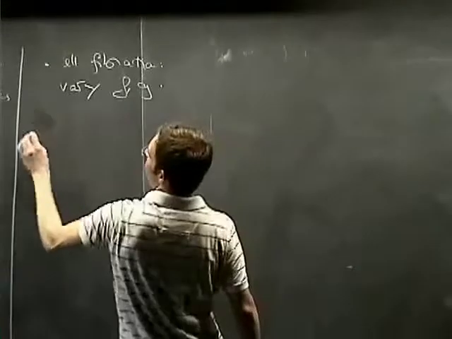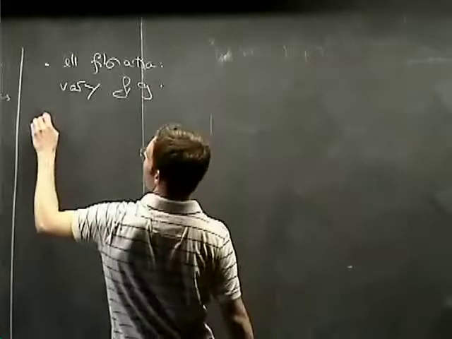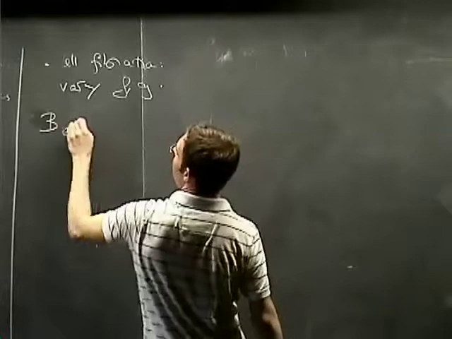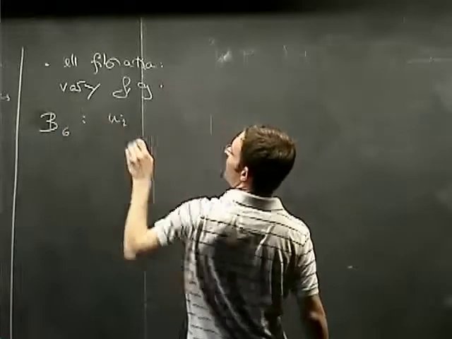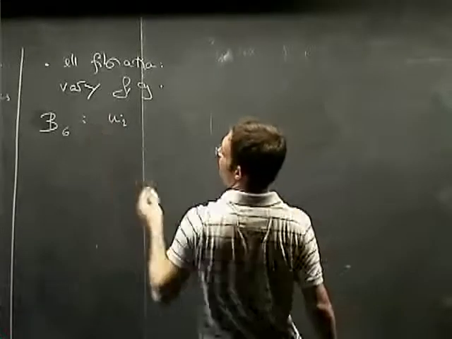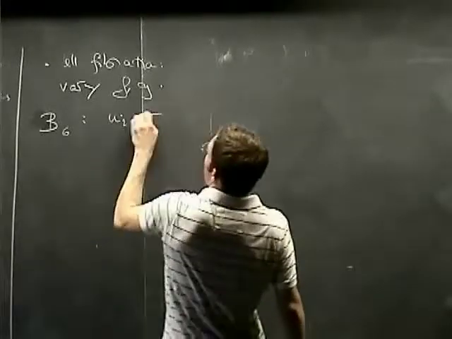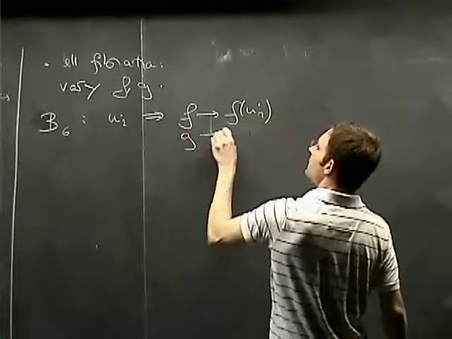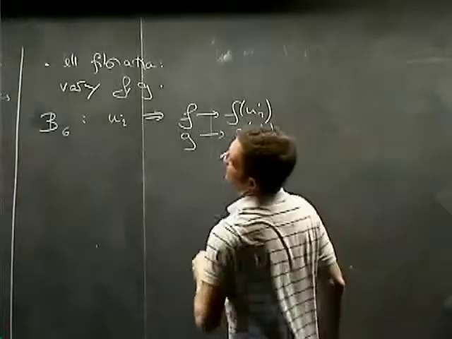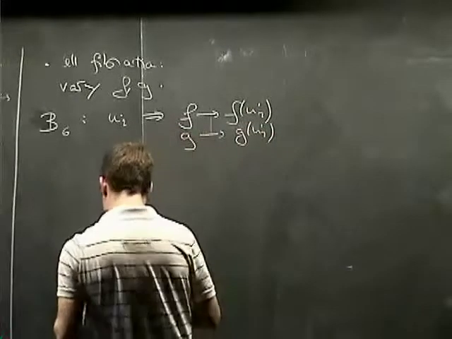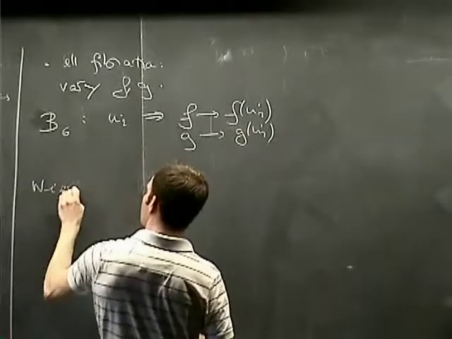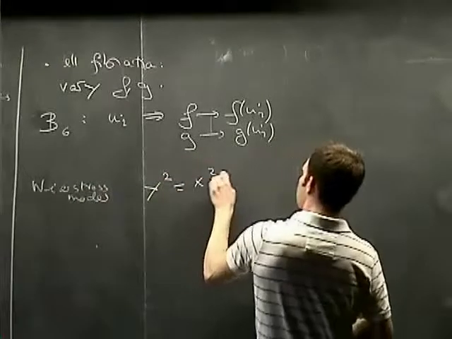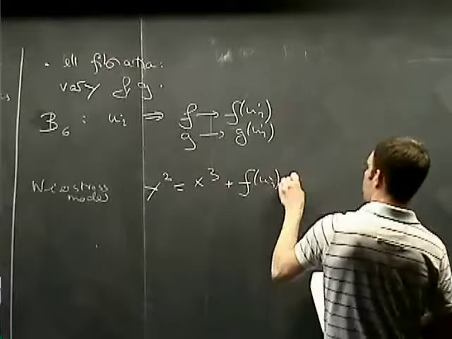So suppose, for example, that we have some 6 complex dimensional space, B6, and suppose it is covered by some coordinates u_i. Then this means we promote f to f of u_i, g to g of u_i. And the result is then the Weierstrass model y squared equals x cubed plus f of u_i x z to the 4 plus g of u_i z to the 6.